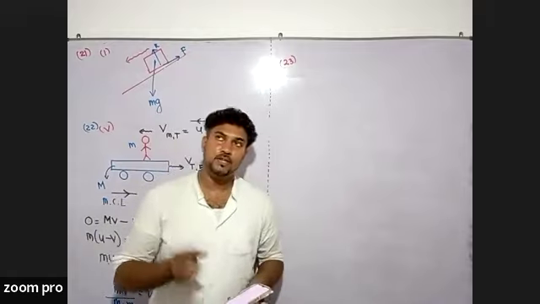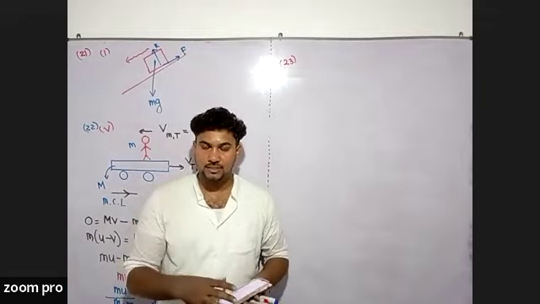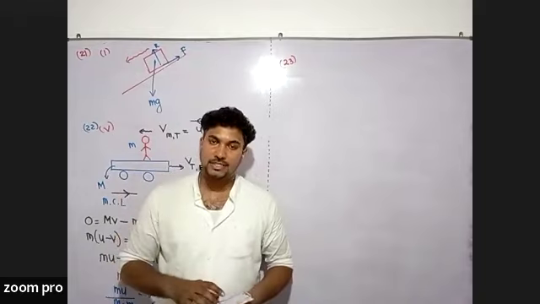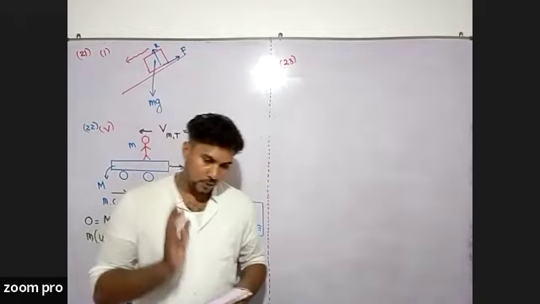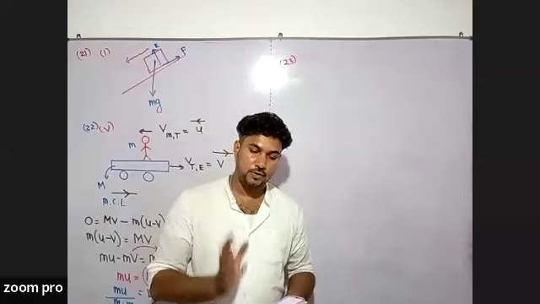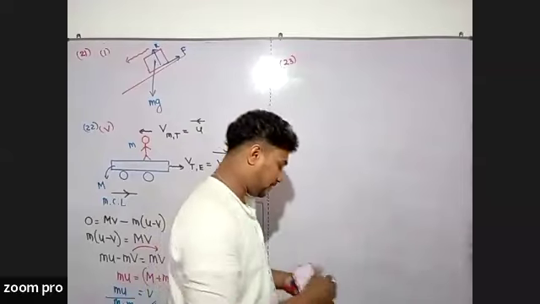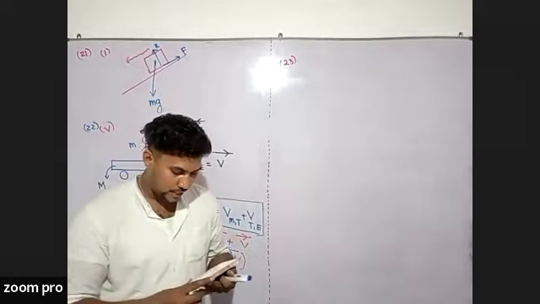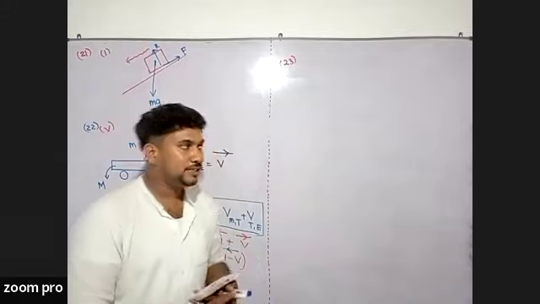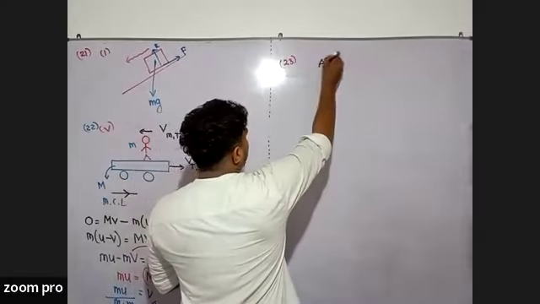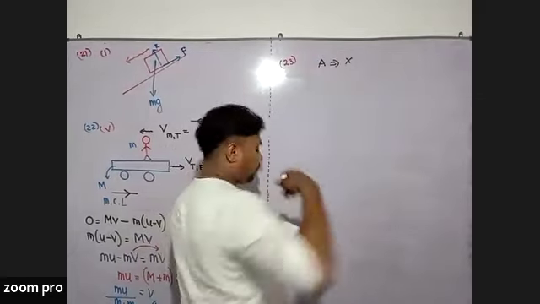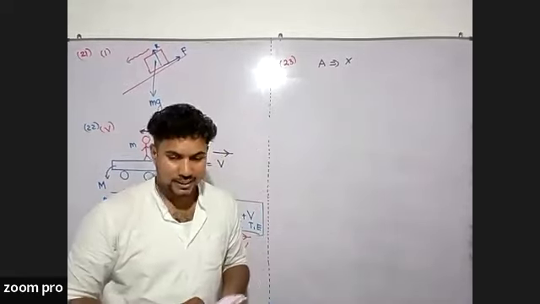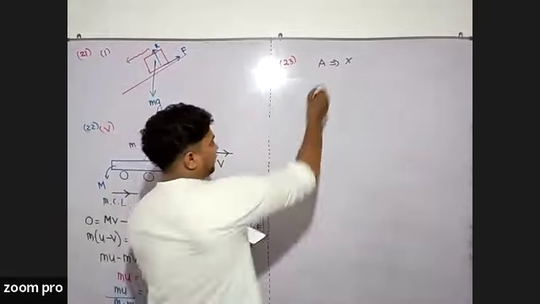If one requirement is fulfilled and not the other, we don't consider that the object is in equilibrium. Both requirements should be satisfied. The statement that the algebraic summation of the moment of force must be zero at least at one point of the plane is incorrect, because the algebraic summation of the moment of force about each point should be zero. Otherwise, it is not considered an equilibrium state, right?